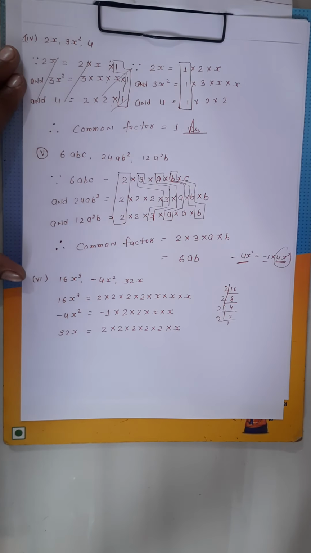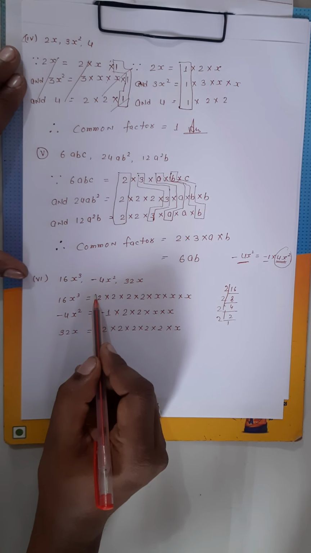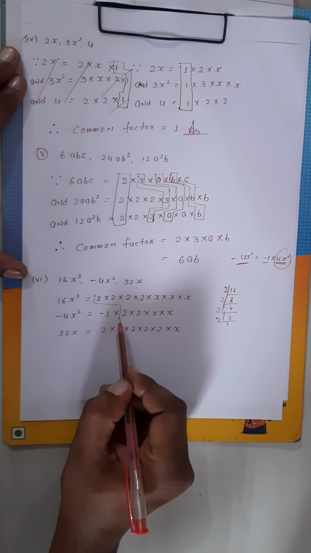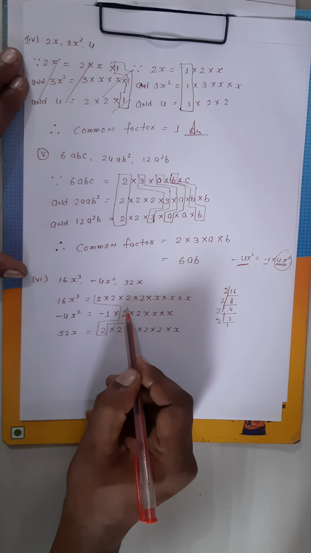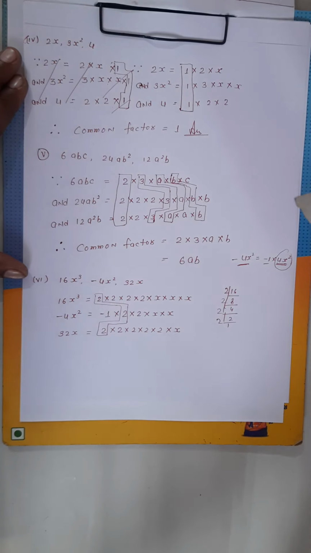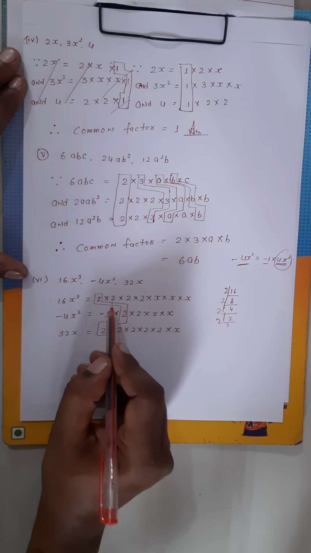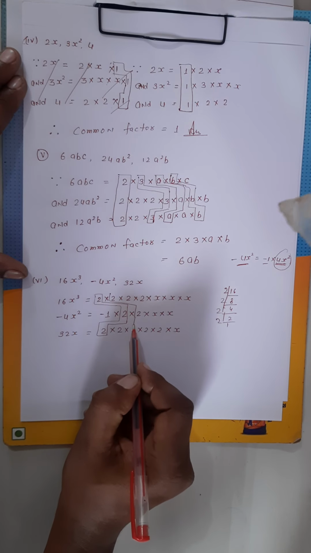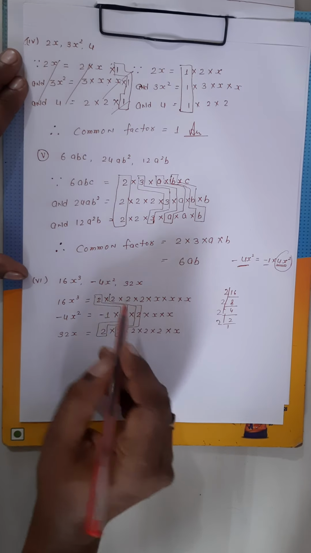Okay, now we have to see the common factor. What will be the common factor? This 2 is the common factor in all terms. Also, this 2 is common in all terms.